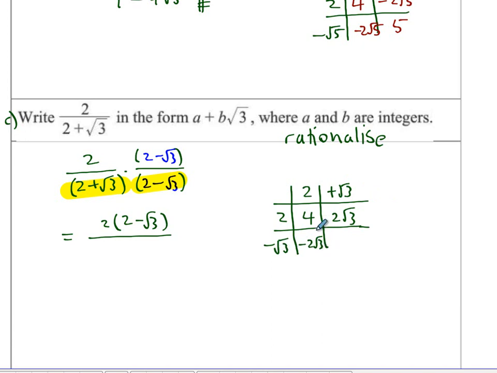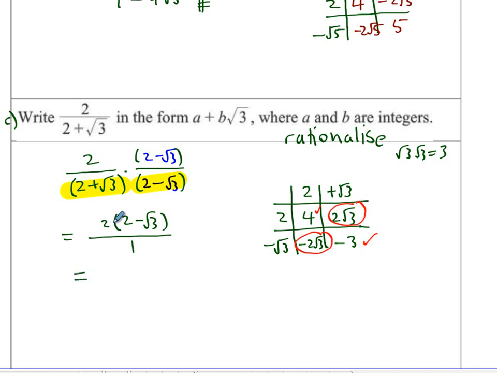And here root 3 times root 3 is equal to 3. Negative times positive is negative. So this is negative 3. Now that and that take away becomes 0. 4 minus 3 is equal to 1. So you know that is equal to 1.